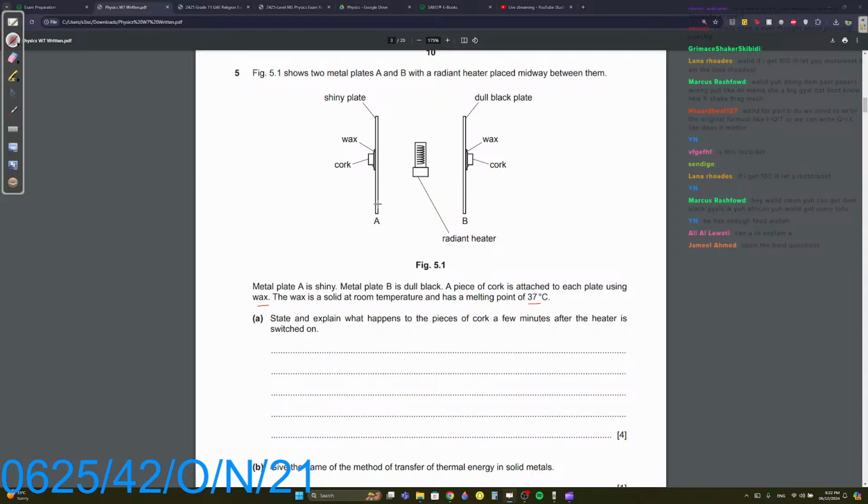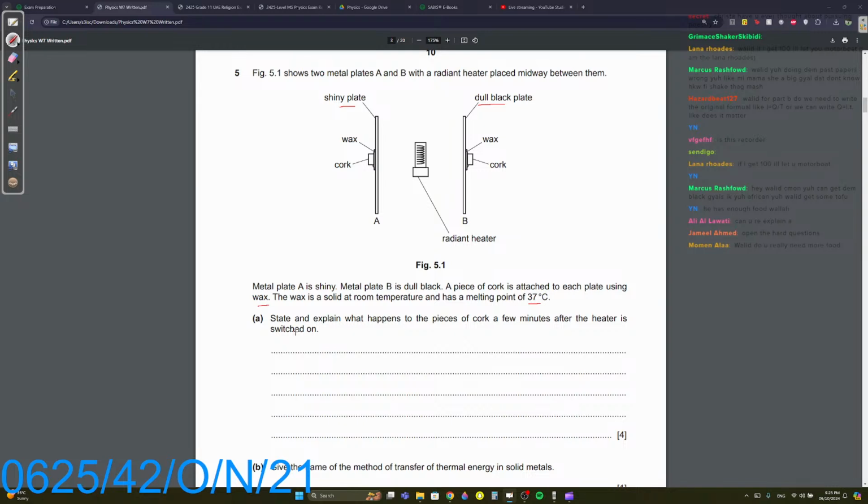What's going to happen? Remember, in this experiment, we have a shiny plate and a dull black plate. Dull black surfaces, darker surfaces, absorb more radiation, absorb more energy, right? They absorb more heat. So that means the wax here is going to melt before the wax of A, so the cork on plate B is going to fall first.